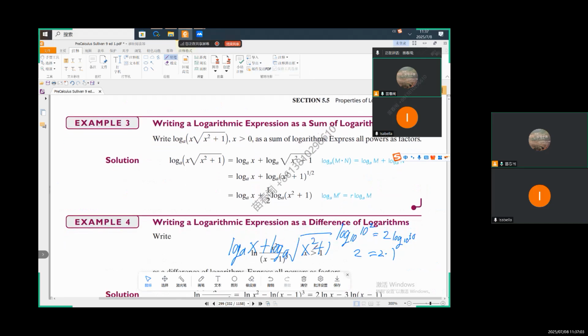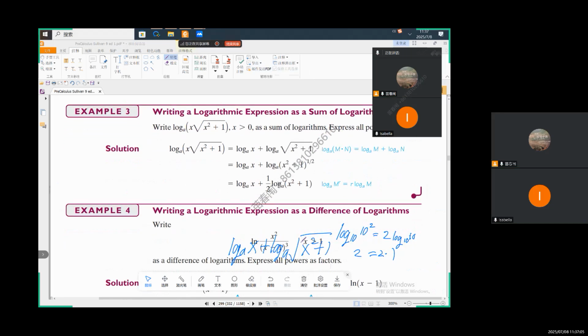Should I do example 4? Yeah, 4. Differentiable logarithm.